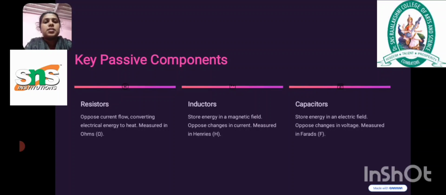The first one, the resistor, opposes the current flow, converting electrical energy to heat. And then an inductor stores energy in a magnetic field and opposes change in the current, measured in henries. And then capacitors store the energy in an electric field. So inductors and capacitors are the storage devices.